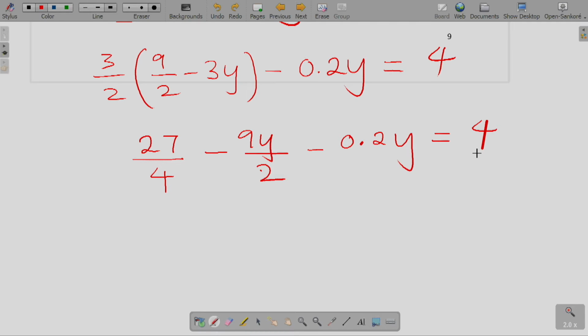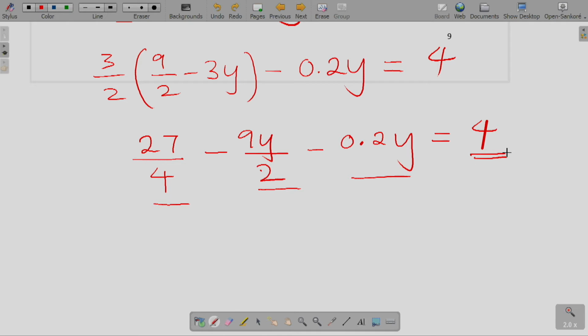So now let's put together like terms, I mean this term and this term, and also this term and this term. Let's take the number 4 to the right hand side.